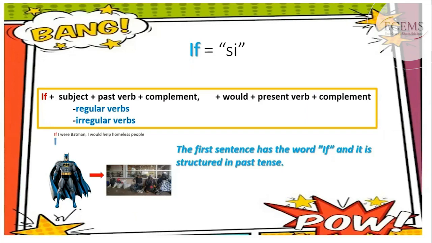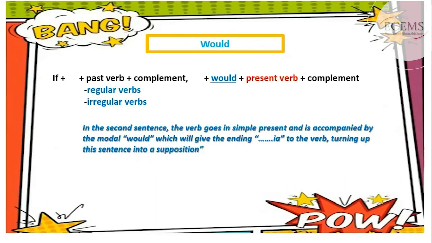Look at the example. If I were Batman, you can notice the verb were is in the same clause as if. In the second sentence or clause, the verb goes in its simple form and is accompanied by the modal would, which gives the ending ía to the verb.